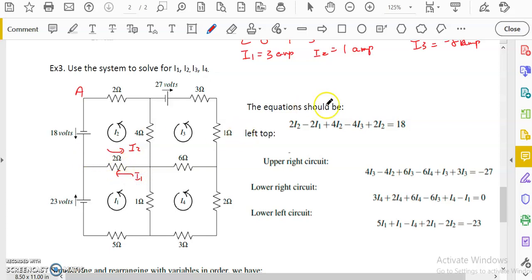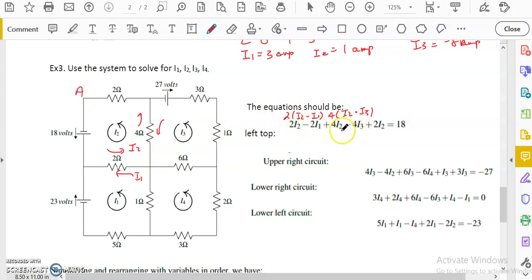So this 2 ohm would be 2 times (I2 minus I1), plus 4 times (I2 minus I3), because I3 is in the other direction next to it.